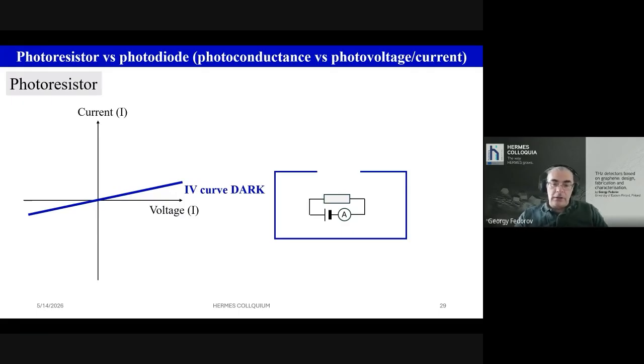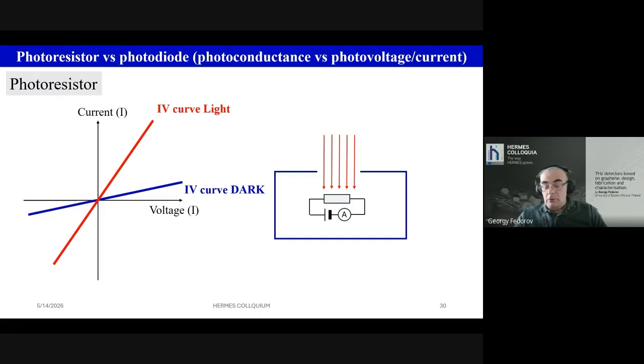A photoresistor or photoconductor will change its conductivity significantly when exposed to light. Again, it's not a universal rule, but in most cases, resistance drops or conductance grows when you expose this object to light. So you have bigger current for any applied voltage or smaller voltage for any applied bias current.